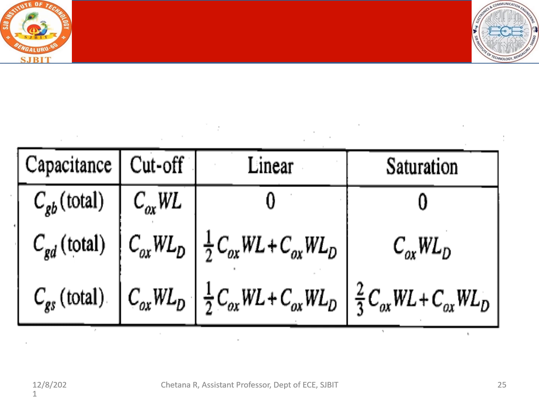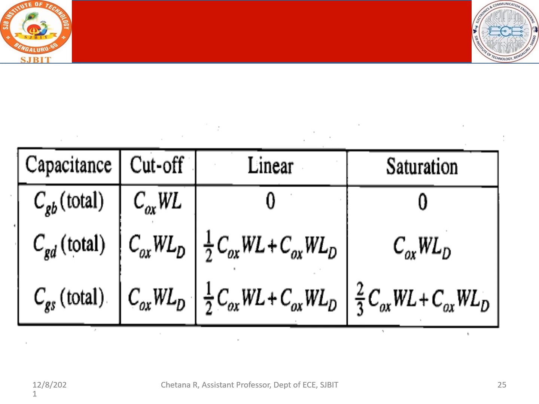So initially in the cutoff, CGB is there. It is COX W L. The CGB capacitance is there in cutoff, whereas in linear and in saturation it is 0. CGD in cutoff is also 0, and CGD in linear is this much.